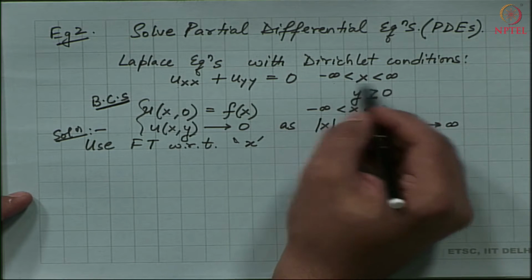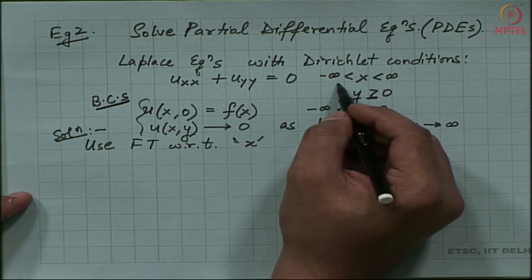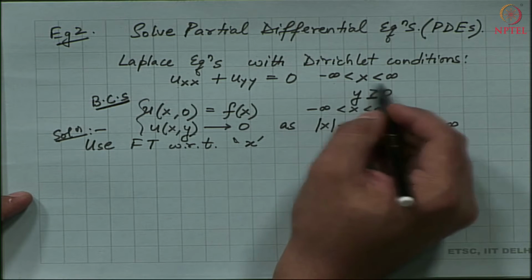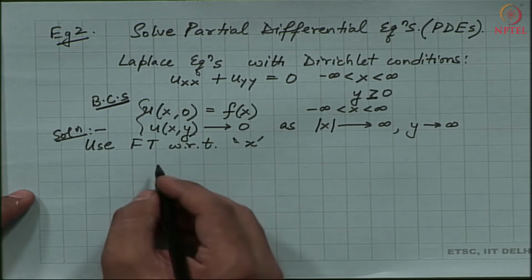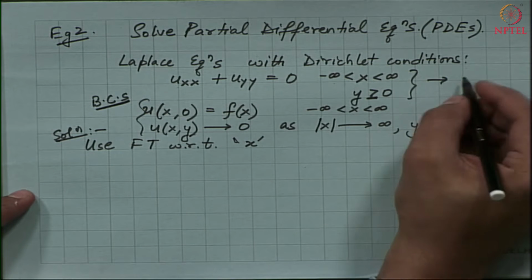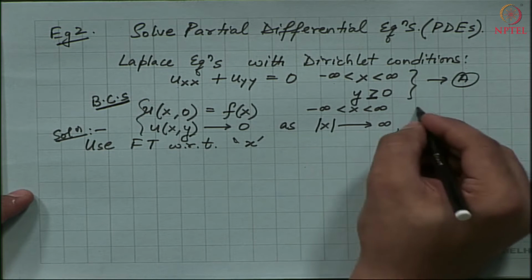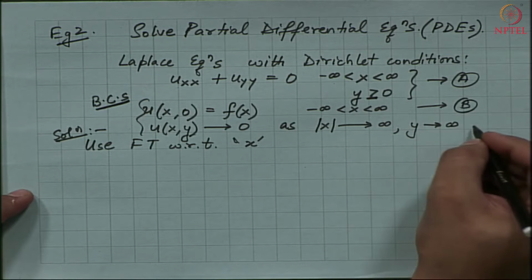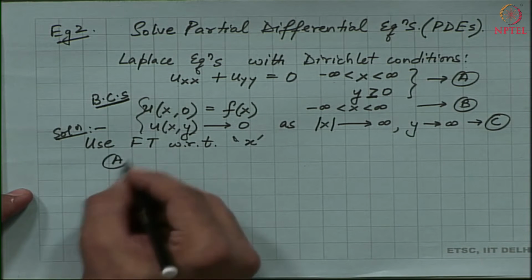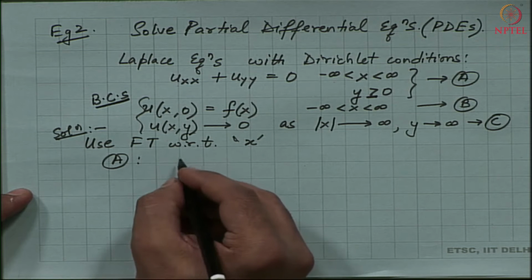So it is quite natural to use the Fourier transform with respect to the variable x. So let us say this is my equation A, this is my condition B, and this is my condition C. So my A reduces to the following.